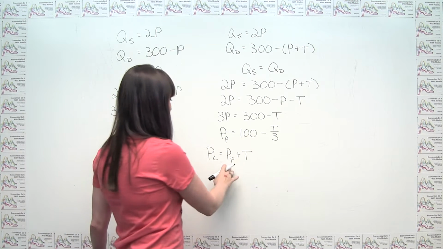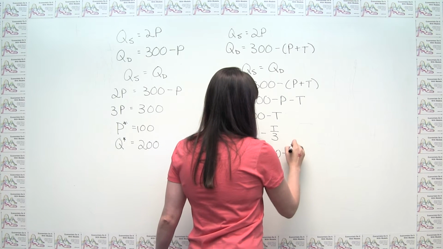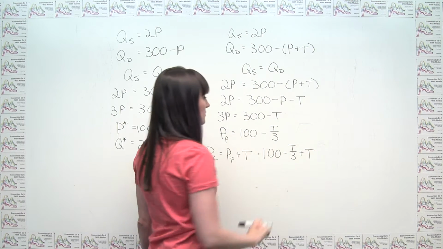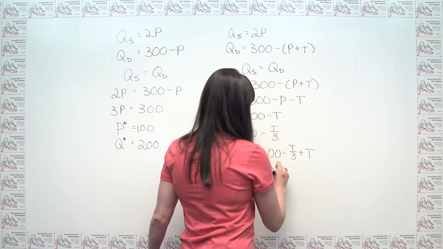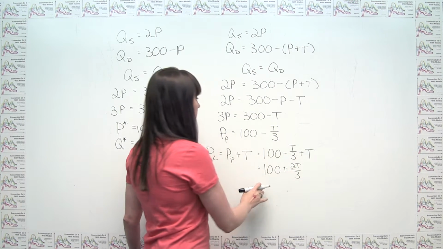We can just plug in for P sub P and say this is just 100 minus T over 3 plus T. So this is just going to be 100 plus 2T over 3.